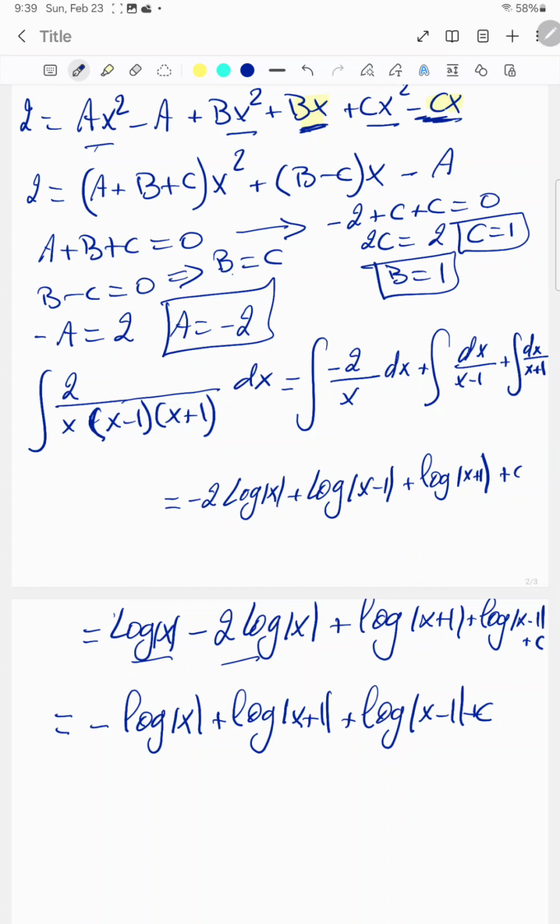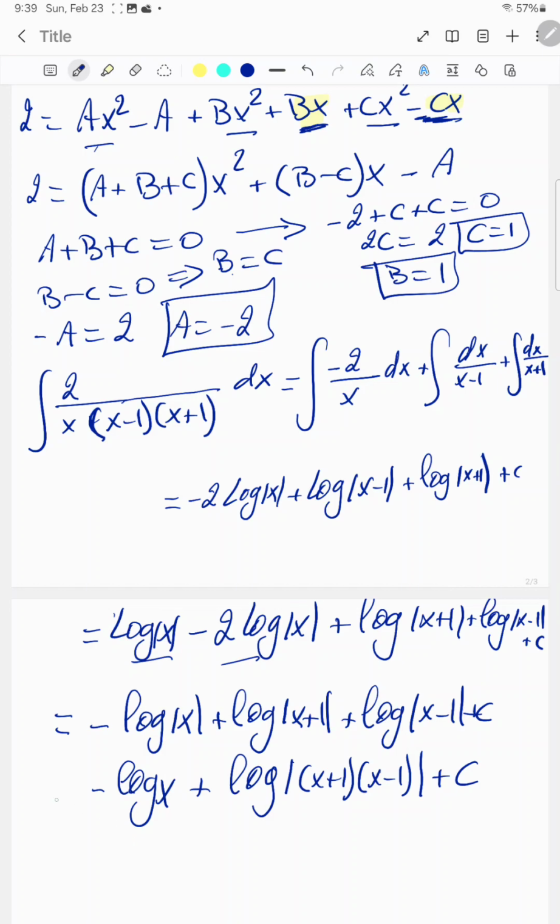You can keep it that way, or you can say minus log of x plus log of x plus 1 times x minus 1 plus c. This is the logarithmic rule. So log a plus log b is equal to log a times b.